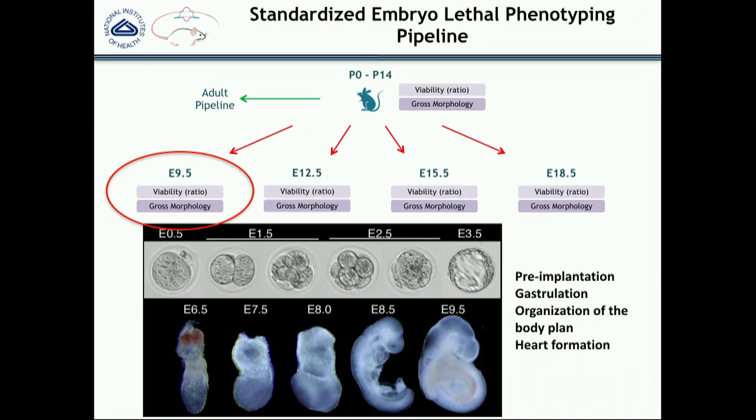So first, if we look at E9.5, which is a relatively early stage in development, homozygous embryos that don't appear at these stages have already perished and are probably due to defects in either pre-implantation development or early post-implantation development. And the figure that I show here shows what mouse embryos look like during those stages. So very early defects, gastrulation or organization of the body plan defects, or the very beginning of heart formation.